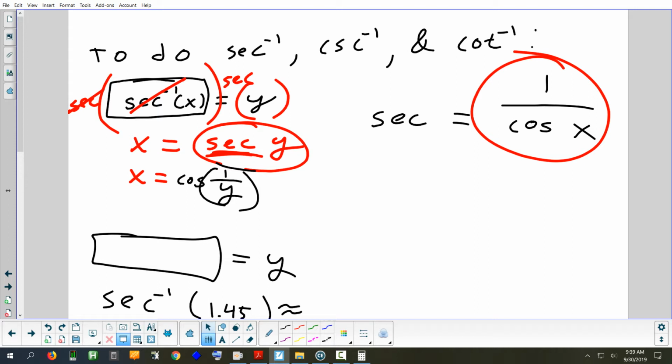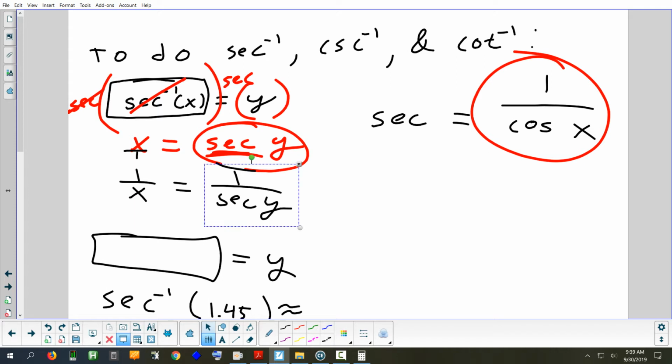Actually, no, that's not right. We want to flip it. Oh yeah. Let's flip each side. So instead of flipping one side, let's flip both sides. Just like this. That's fine to do as long as you flip both sides. Okay, so all I did was take what's on the left, I flipped it. I took what's on the right, and I flipped it.